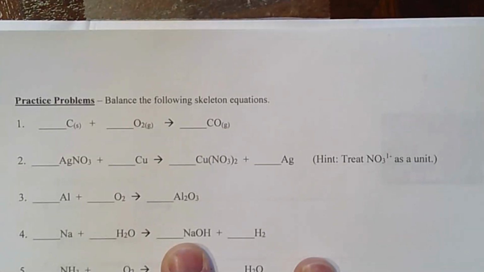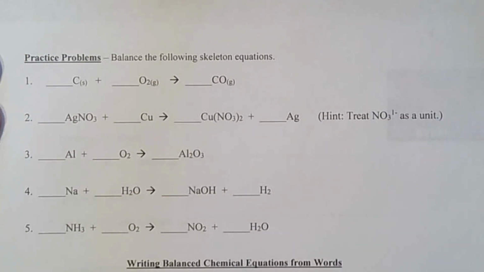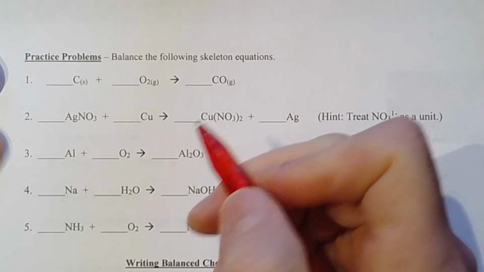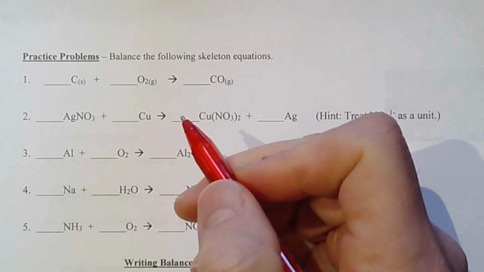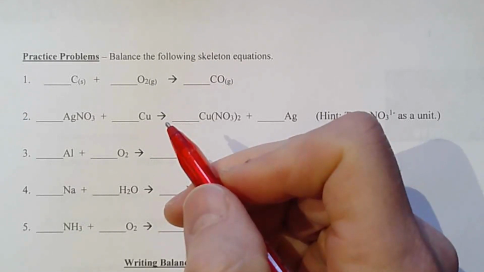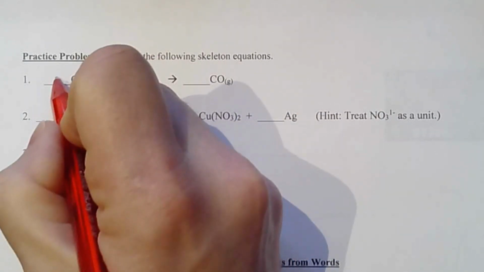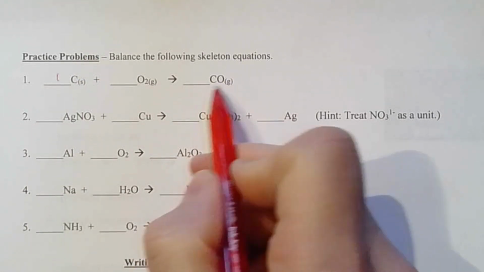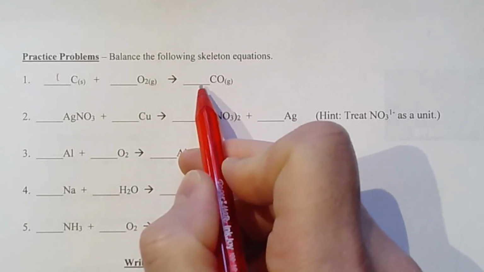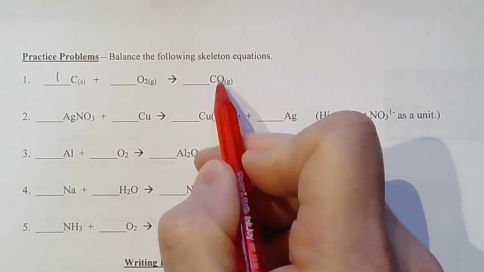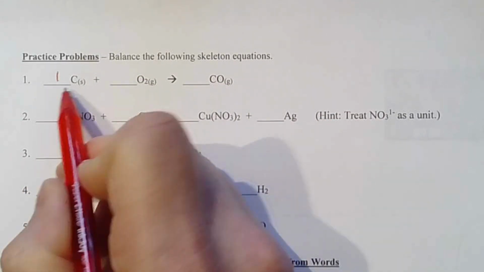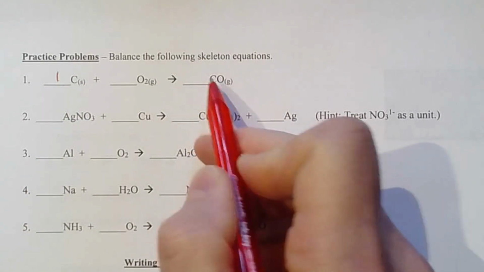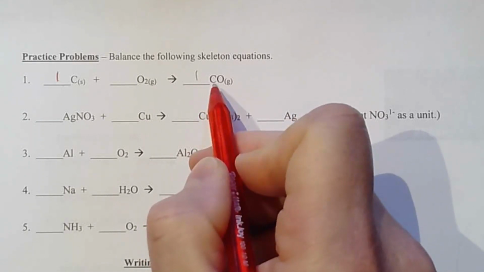So let's do a little bit of practice. On this first one, again, it's trial and error, it's iterative, so if you don't succeed at first, try again. So let's say I'm just going to pick carbon, I'm going to put a 1 here. If I've got a 1 here, that means I have 1 carbon on this side. I need to have 1 carbon over here, so okay, a 1 balances the carbons.